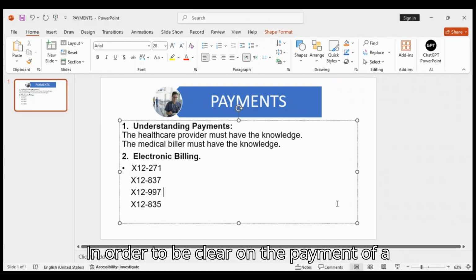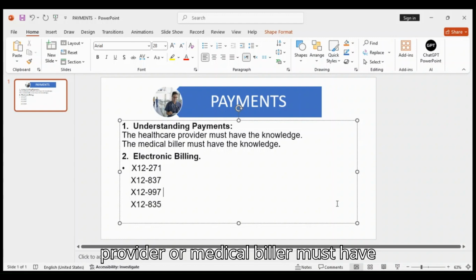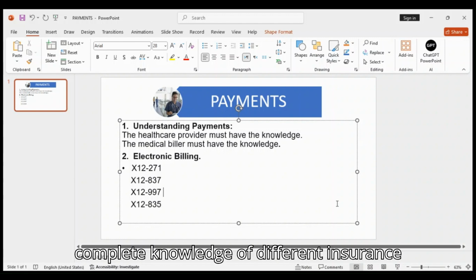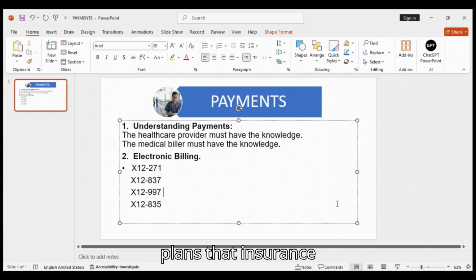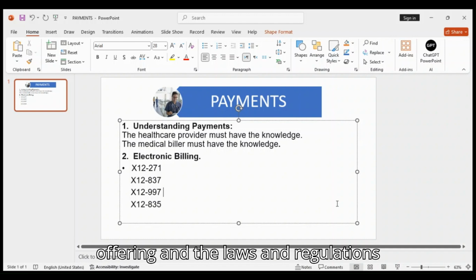In order to be clear on the payment of a medical billing claim, the healthcare provider or medical biller must have complete knowledge of different insurance plans that insurance companies are offering and the laws and regulations that preside over them.